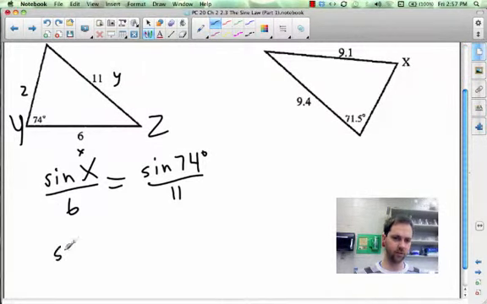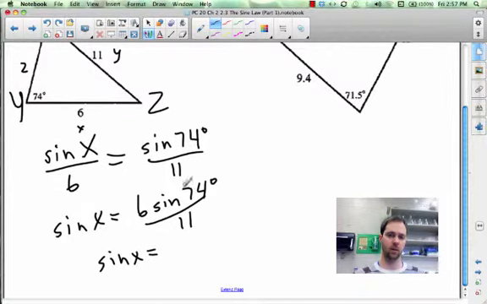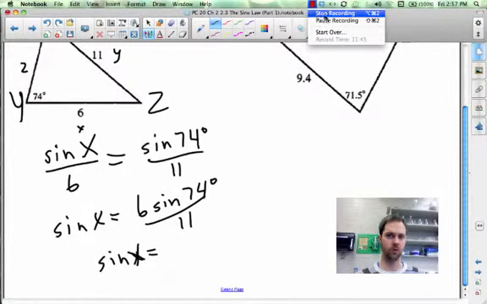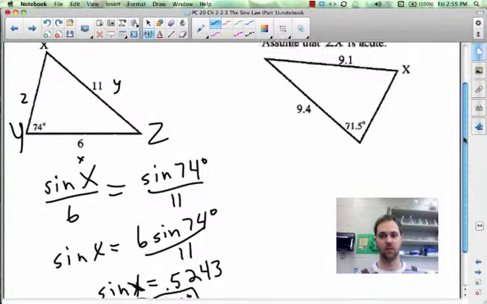So we're solving for this, so sine x equals 6 sine 74 degrees divided by 11. You can hit pause and solve for x, which is big X, and when you come back, the answer will be ready for you. So there you have it. Sine x is 0.5243, which means x we get by taking the inverse sine, which gives us 31.6 degrees.